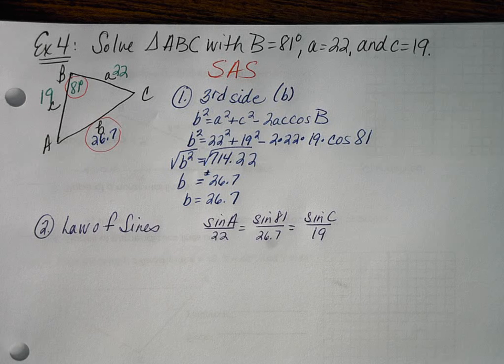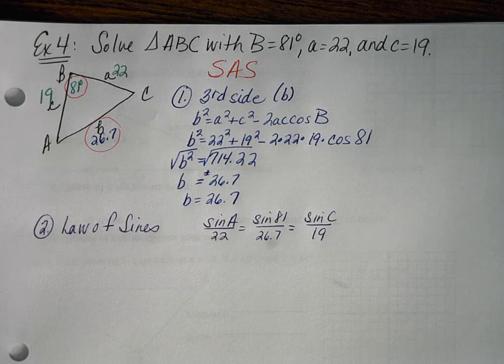The algorithm or the process that we talked about, does it lead me into what I should find next? What did it tell me? Side, angle, side. I had to find the last side and then what? Which one did I need to find next? Take a look back. The smallest angle.